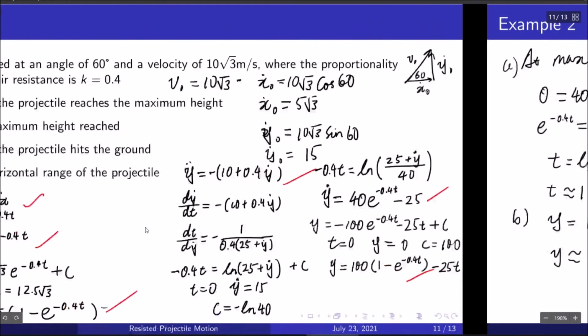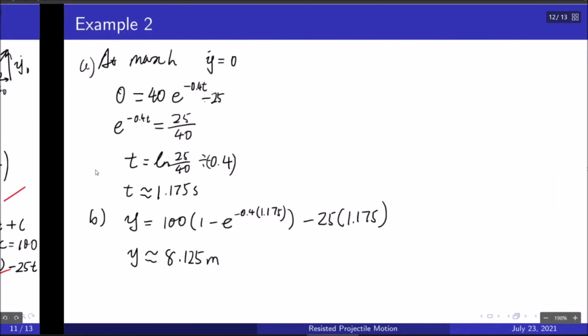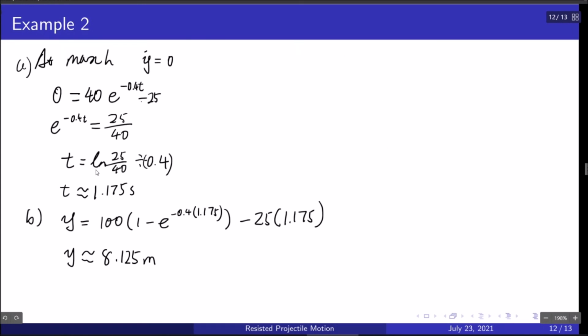Okay, so next one, it's trickier. Find when the projectile hits the ground. So one way we can do it is plot the vertical displacement and find where it hits the ground, or we can also use the fact that y equals 0, so 0 equals 100(1 - e^(-0.4t)) minus 25t.